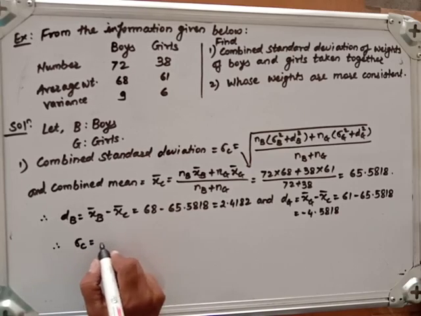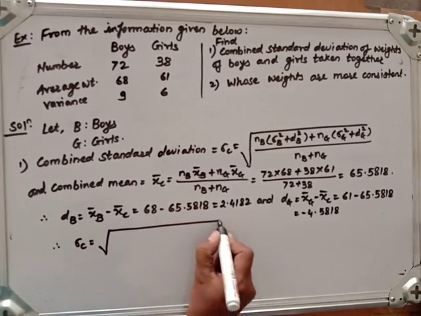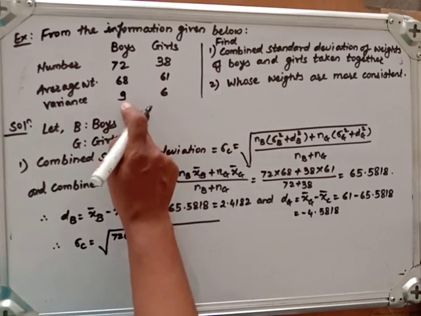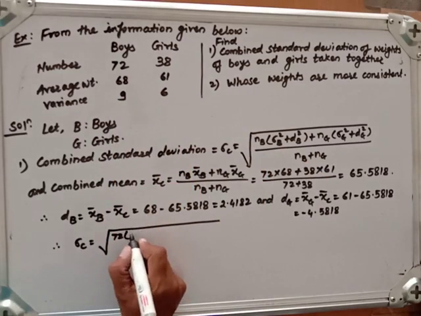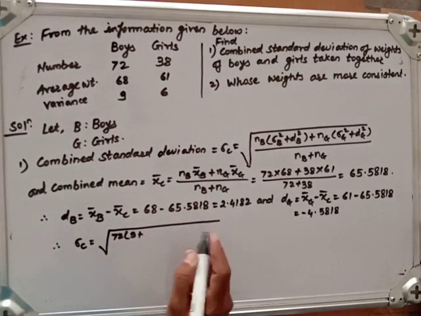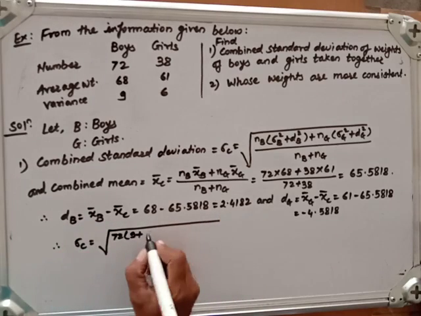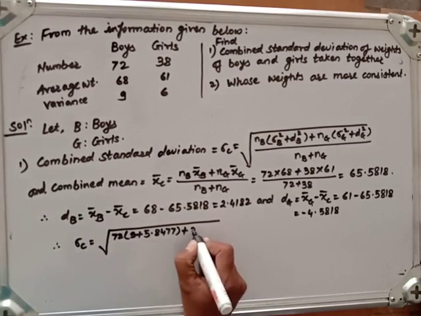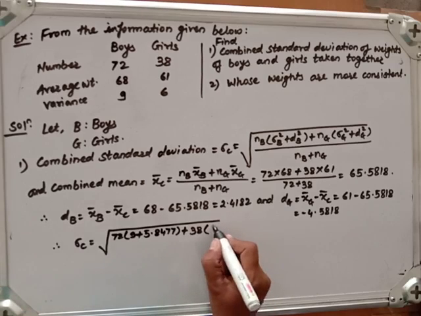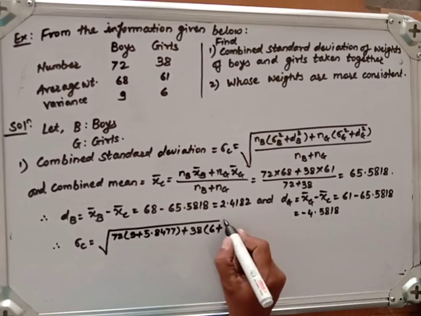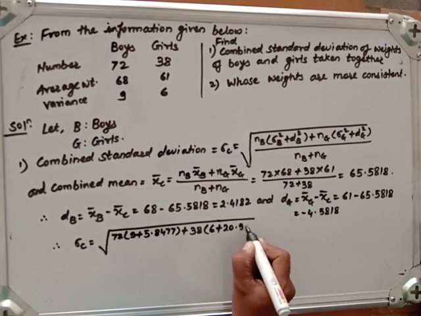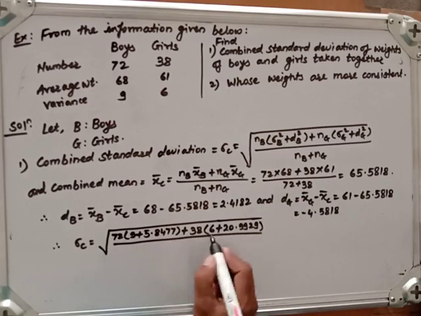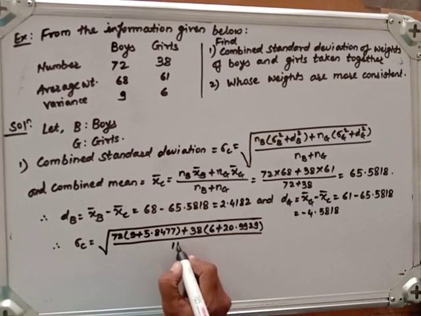So sigma C is the root of, now we have all the values. 72 into sigma B square, that is 9, as the variance is already given, plus the square of DB, which is 5.8477, plus 38 into 6 plus the square of DG, which is 20.9929, upon the sum of NB and NG, that is 110.